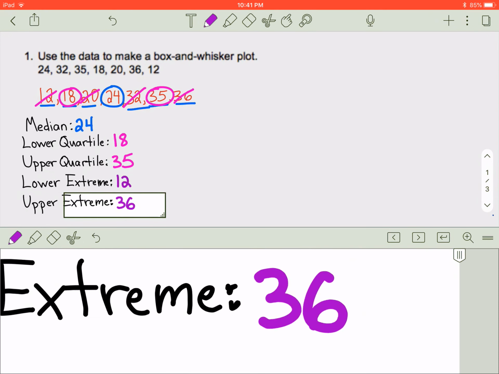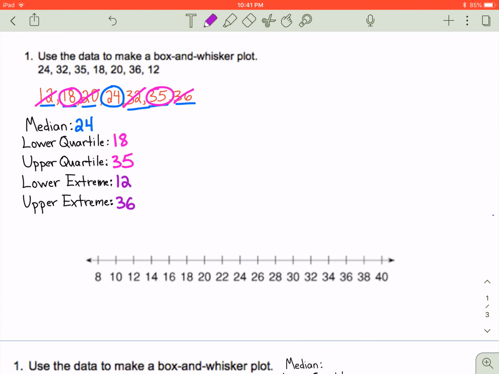So really, guys, it's that easy to find the data points. It's the middle point, the middle of the upper half, the middle of the lower half, and then the smallest and the biggest numbers. Once I have those, I will plot all 5 of those numbers on my graph. I will plot these numbers above the number line. I know when we did inequalities, we plotted on the number line, but for this, we will plot above the number line.